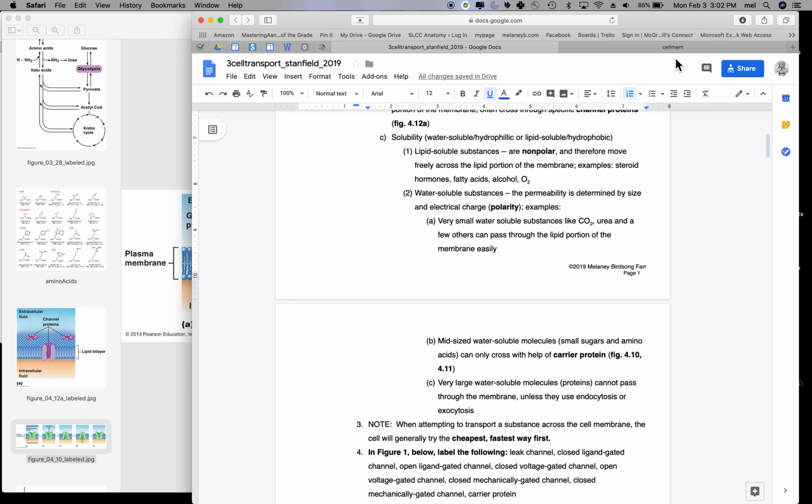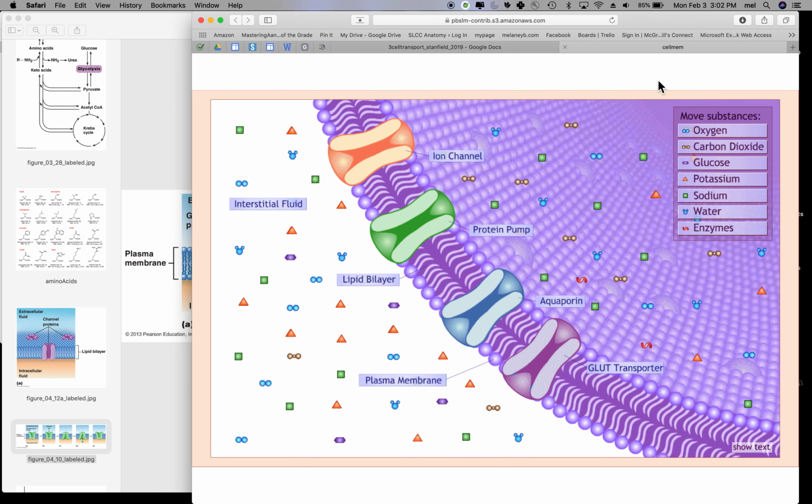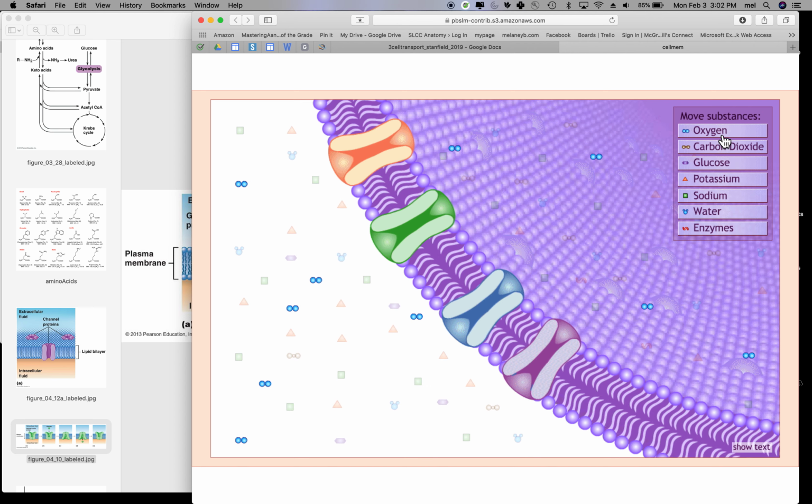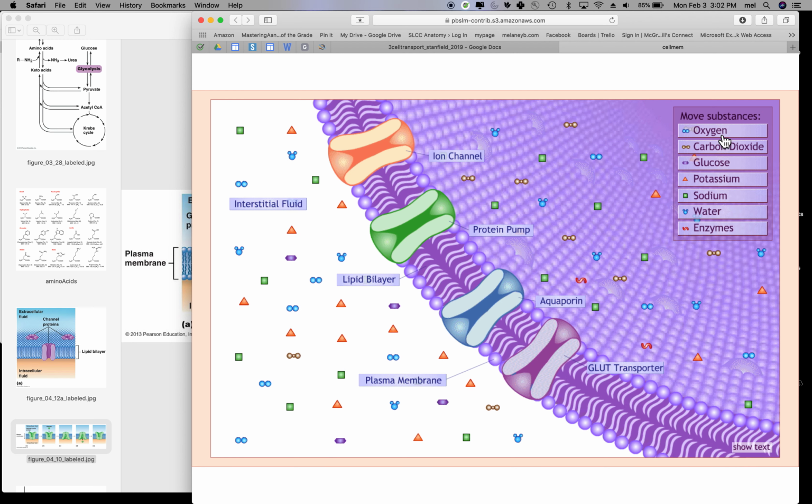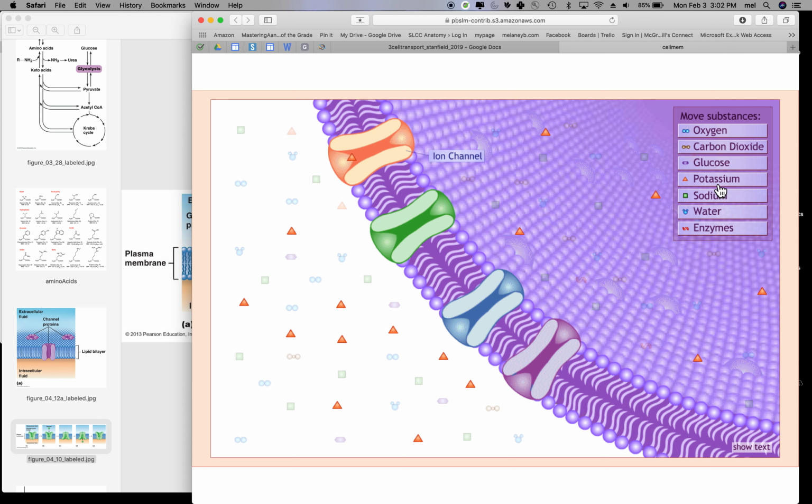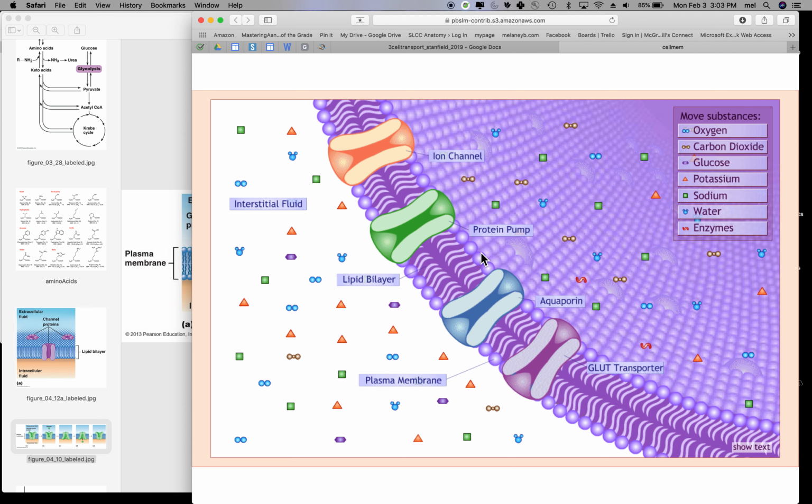So I want you to think conceptually about whether straight diffusion through the cell membrane, like oxygen does, is going to be faster or slower than diffusion through a channel, like potassium does. Think about it this way. If you can do straight diffusion through the cell membrane, there's very little limitation on where you could diffuse.